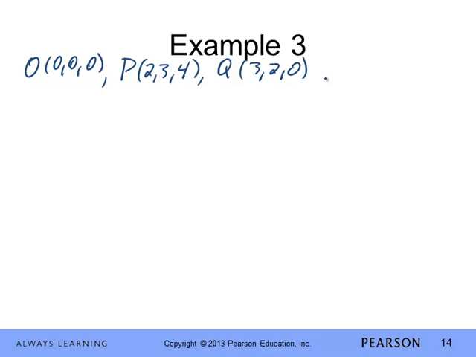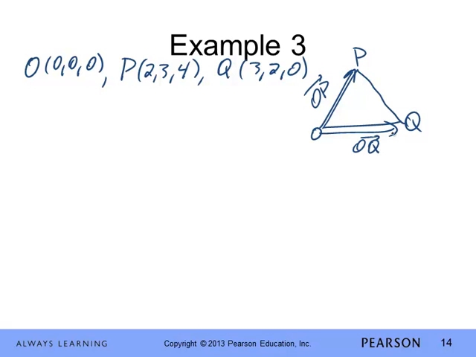Now, like I said, you need to think about this triangle in three-dimensional space. This might be O, P, and Q here. So find a vector that goes from O to P, and one that goes from O to Q. And then take the cross product of OP and OQ.